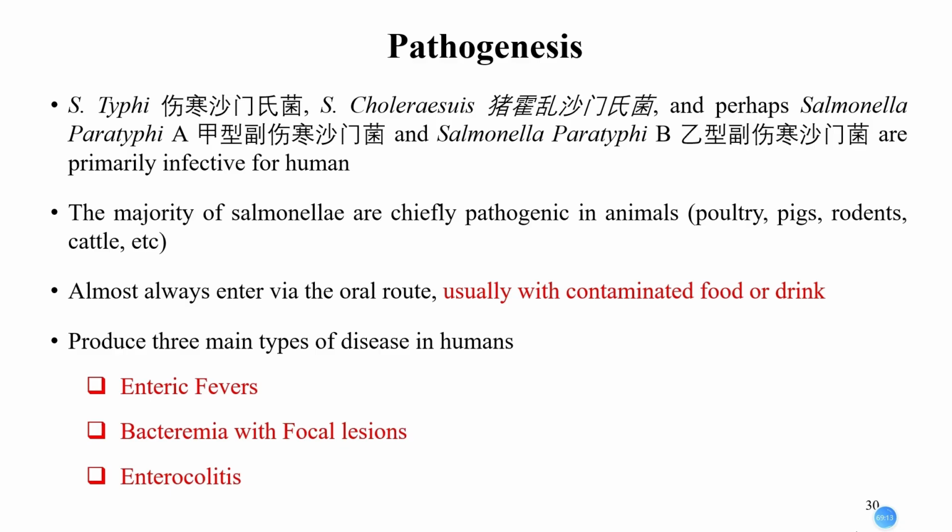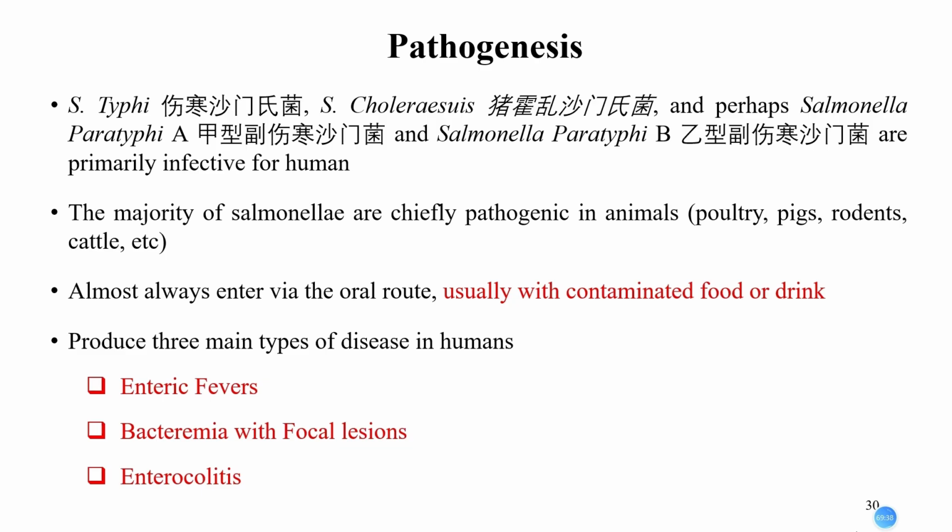Pathogenesis of Salmonella. Actually, the majority of Salmonella can cause disease in a lot of animals. So they are pathogenic in animals, such as poultry, pigs, rodents, cattle. So what's the meaning of poultry? Chicken? Yeah, exactly.